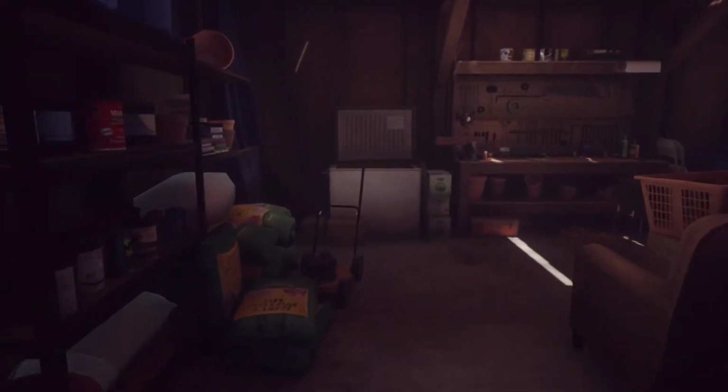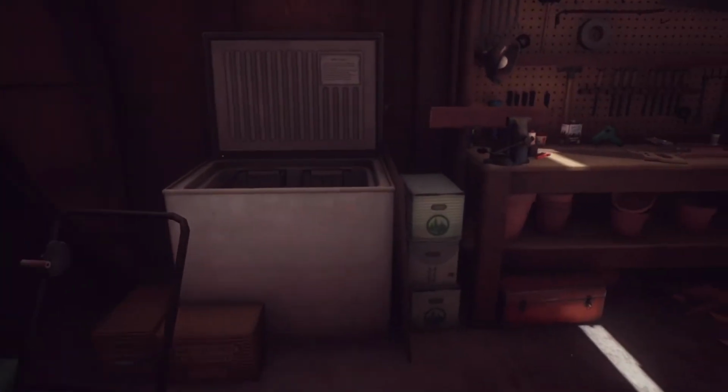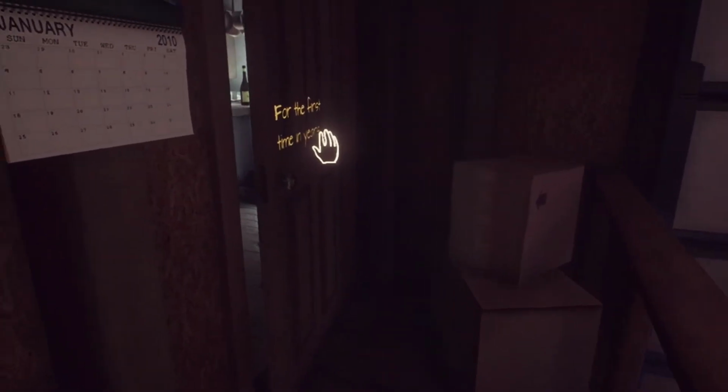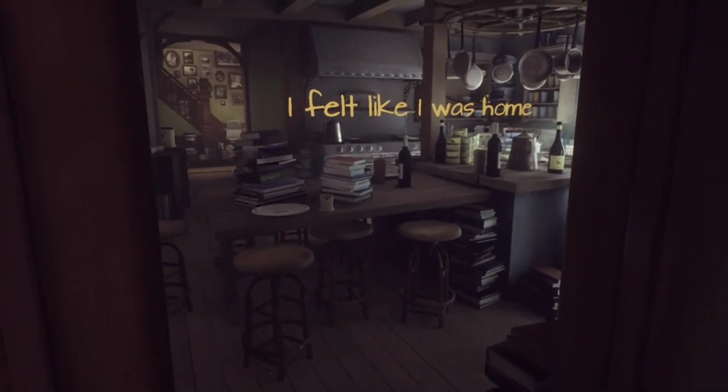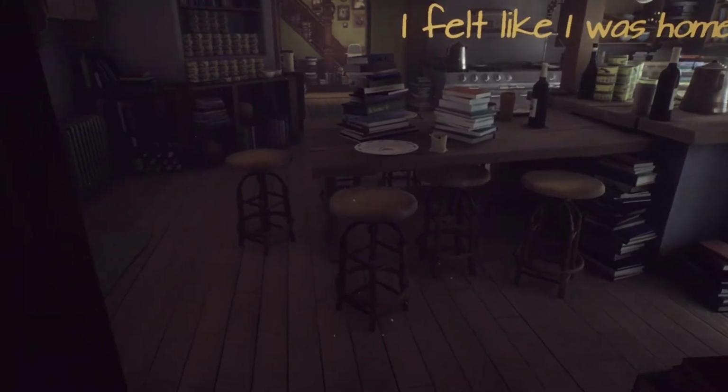Well, that makes sense. For the first time in years, open the door. I felt like I was home. Holy cow.